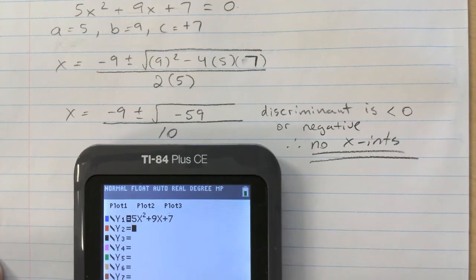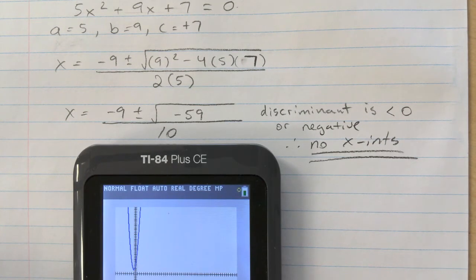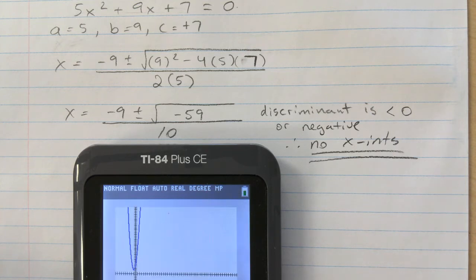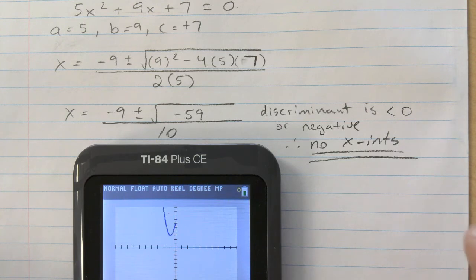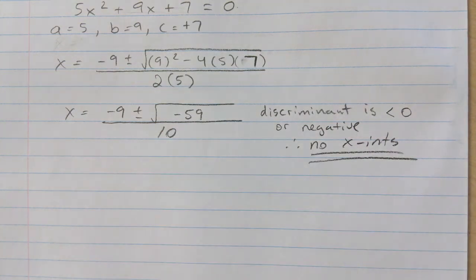So I'm going to have that show up here. And then hit graph. And there you can see, if you go zoom 6, it probably works, right? Right there. You can see that this parabola will never cross the x-axis, right? So it's confirmed. That's verified, okay?